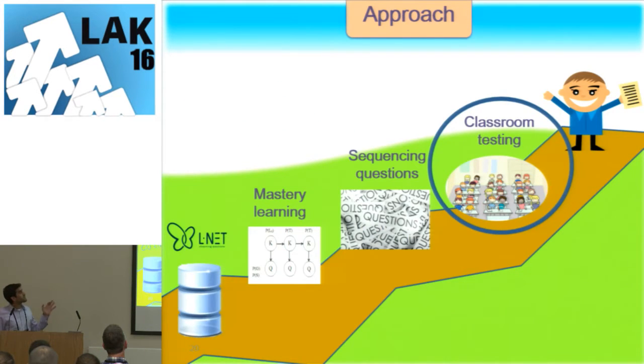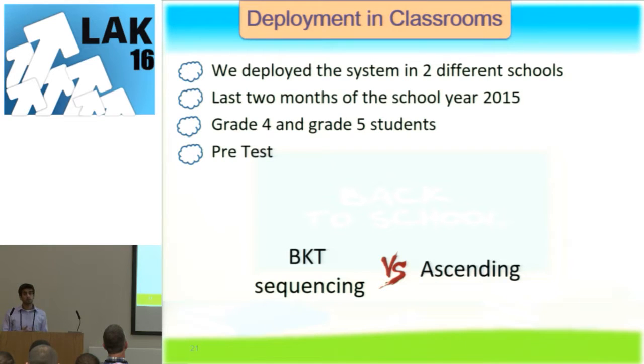We had a sequencing algorithm, and we wanted to use it in the classroom. So we deployed the system in 2 different schools in Israel, in the last 2 months of the school year of 2015, with grade 4 and grade 5 students. We did a pre-test to make sure that the students in the 2 groups are the same in terms of learning and knowledge.